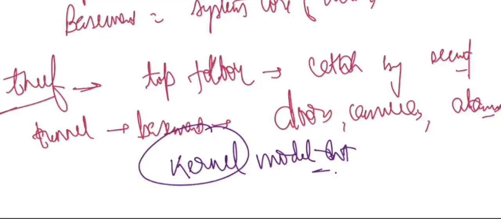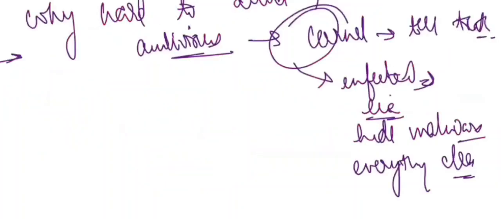It can lie and hide the malware, and pretend that everything is clean. That is why kernel mode rootkits are considered among the most dangerous and hardest to remove. Even removing them incorrectly can cause a system crash, a corrupted OS, and complete boot failure.